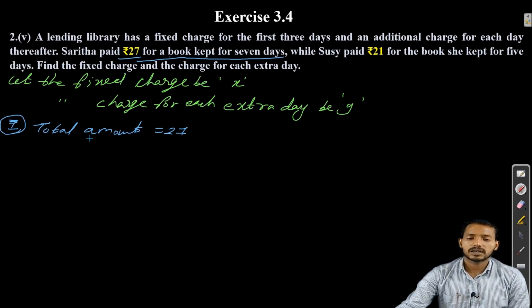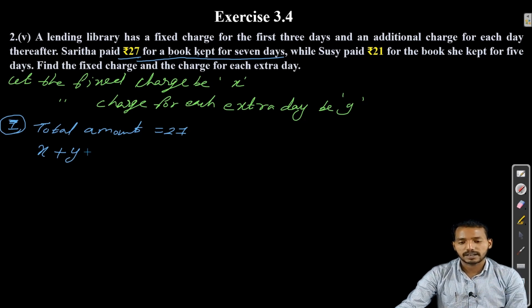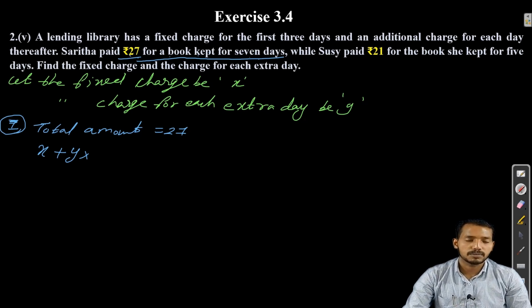So the total amount is equal to 27, that is fixed charge plus the charge for 1 day. What is the charge for 1 day? That is Y. Each extra day into how many days? 7 days she kept the book with her.